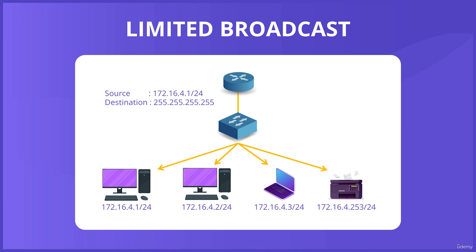Broadcast can be directed or limited. A directed broadcast is sent to all hosts on a given network. For example, a host on the 172.16.4.0/24 network sends a packet for 172.16.4.255. A limited broadcast is sent for 255.255.255.255. By default, routers do not forward broadcasts.